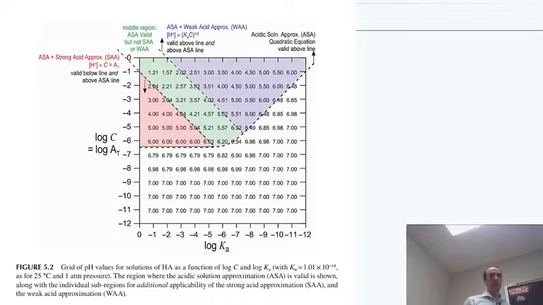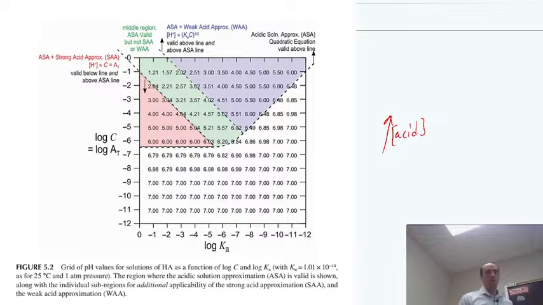So given some pKa, so log Ka here on the bottom, given some Ka value on a log scale, and given some concentration of acid, this is the acid concentration on the y-axis. That means the higher we go, the more acidic it should be. Of course, it depends a little on what's going on, but in general, that's more acidic.